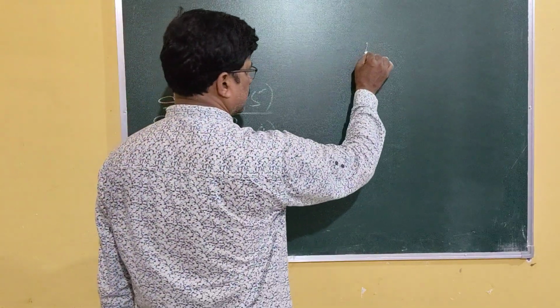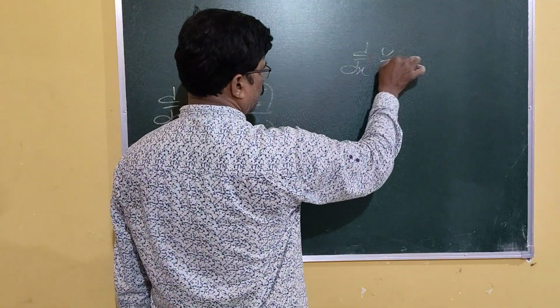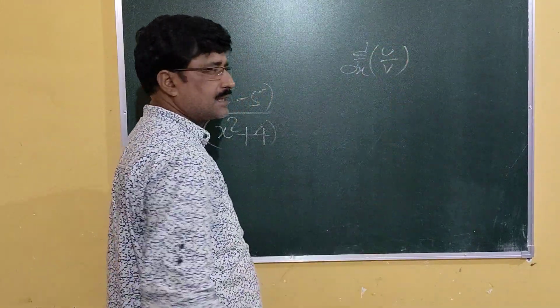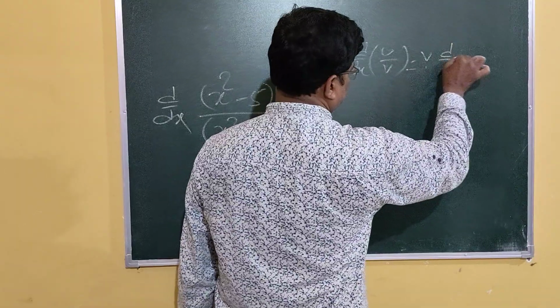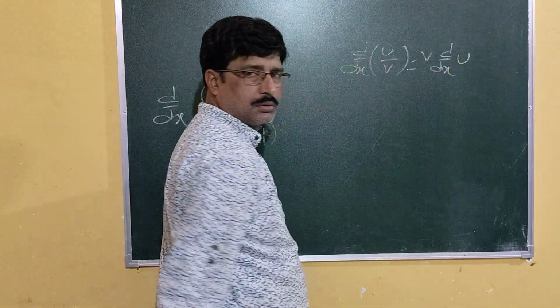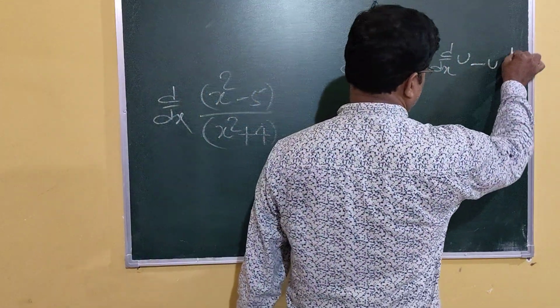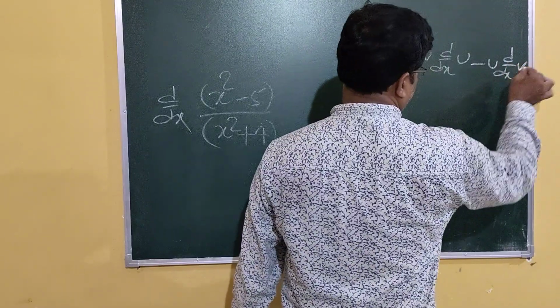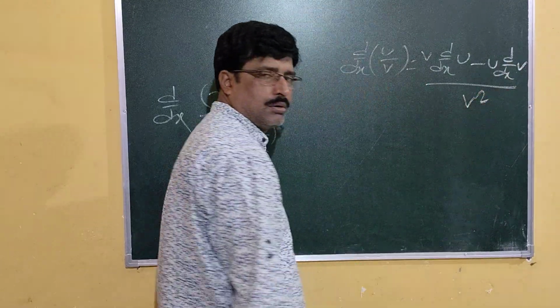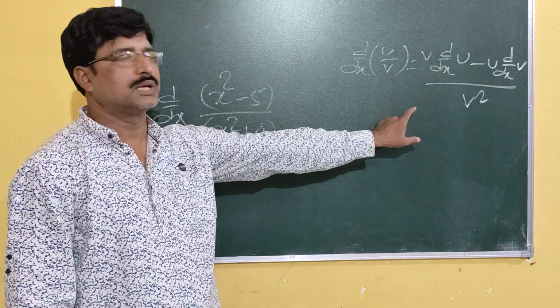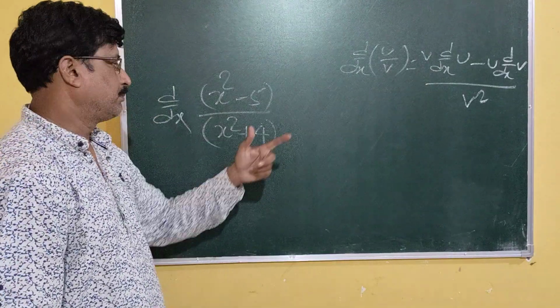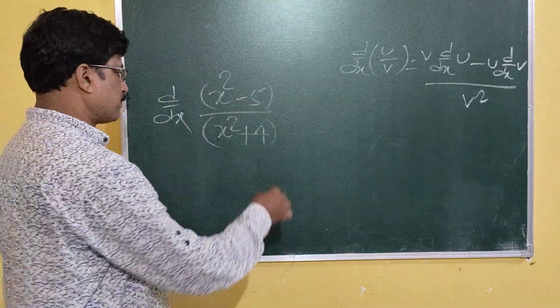As you know, d by dx of u by v is equal to v d by dx of u minus u d by dx of v, by v square. This is the formula we have to put here. By this method, we can solve this type of problem.